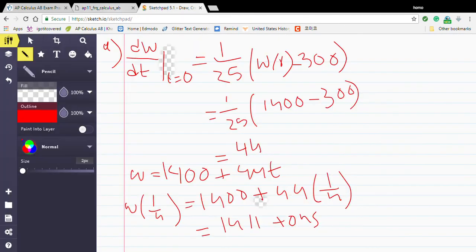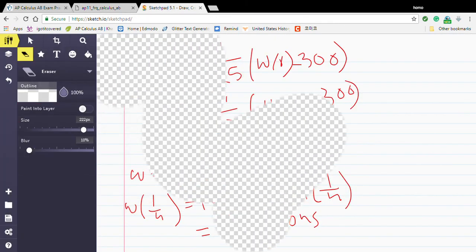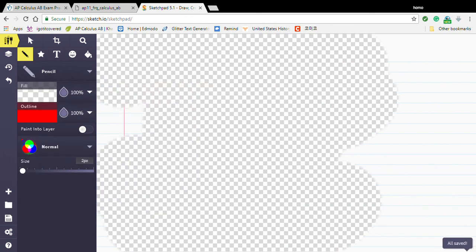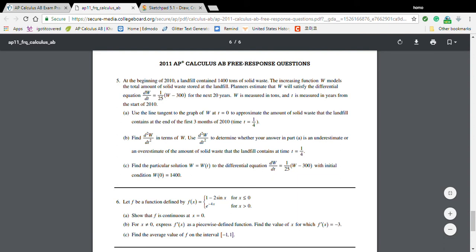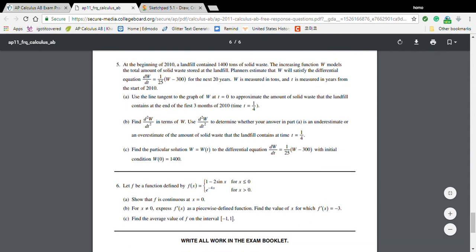Now let's look at B. B says find d squared W over dt squared in terms of W, and use it to determine whether your answer in part A is an underestimate or an overestimate at the time t equals 1/4.